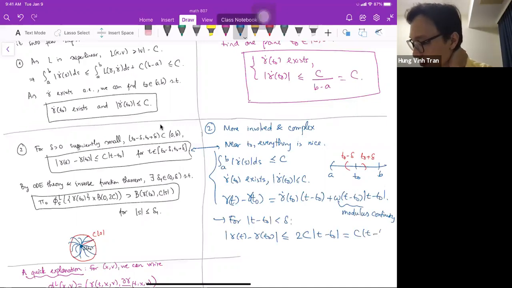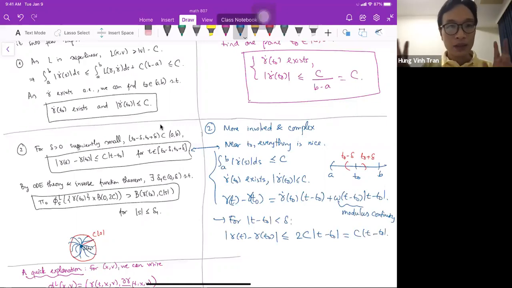So I'm changing the constant every time, but what I mean is that nearby, gamma t minus gamma t naught is less than c times t minus t naught.